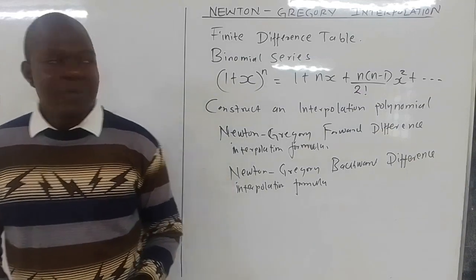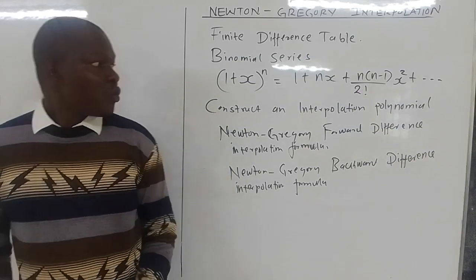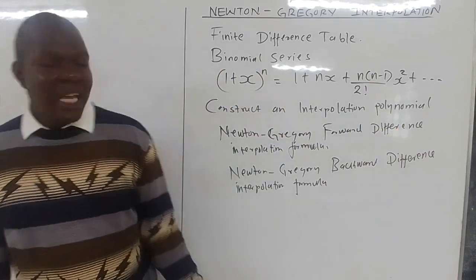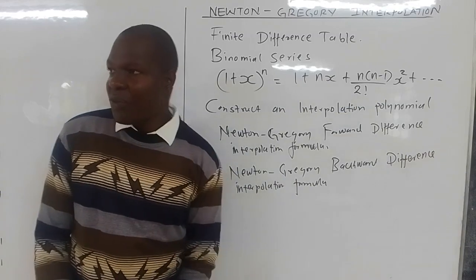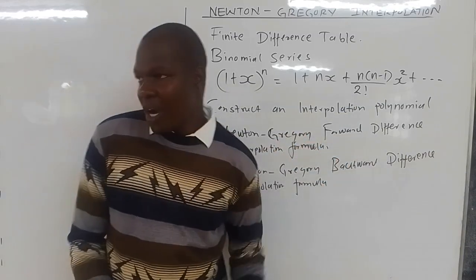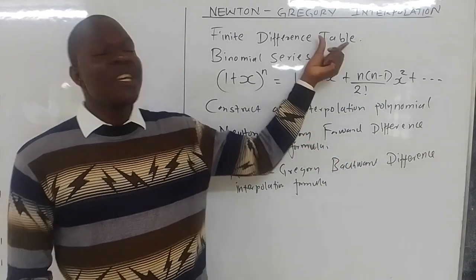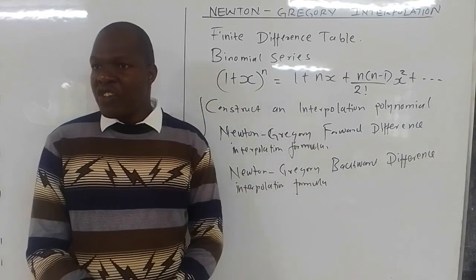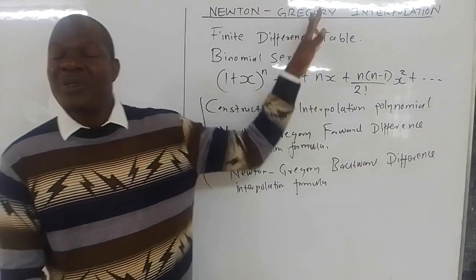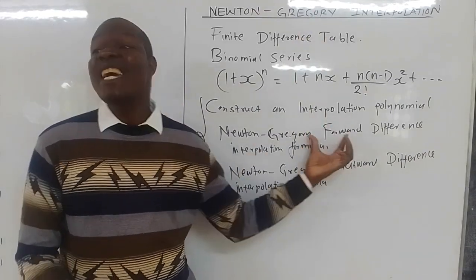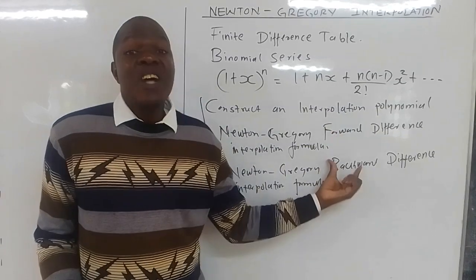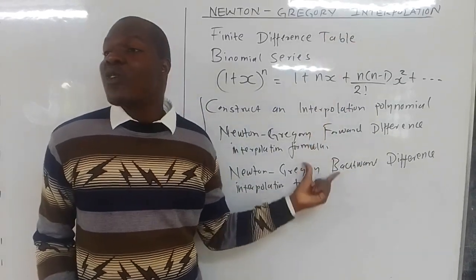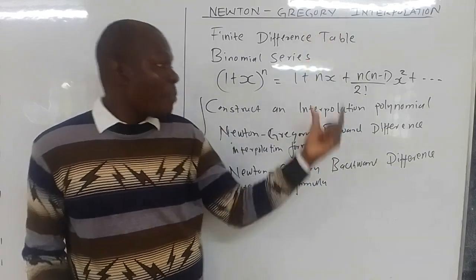So the finite difference table has nothing to do with the construction of the polynomial, it has nothing to do with the forward difference formula, it has nothing to do with the backward difference formula. Meaning this finite difference table is used for all this. So during the construction of a finite difference table, you should not take in mind any of this. It is what uses that table. So this should not guide you on how to construct the table, meaning the table is independent from this.